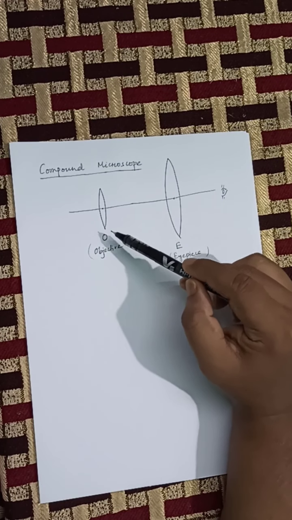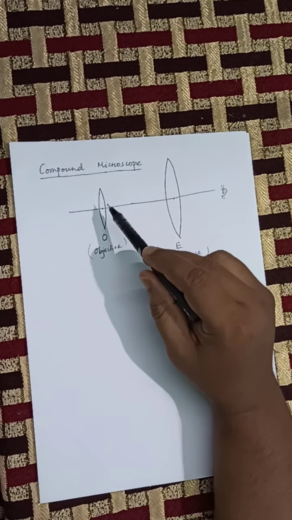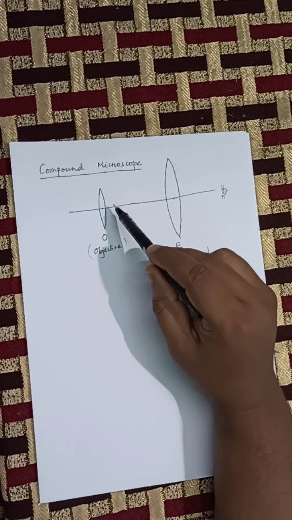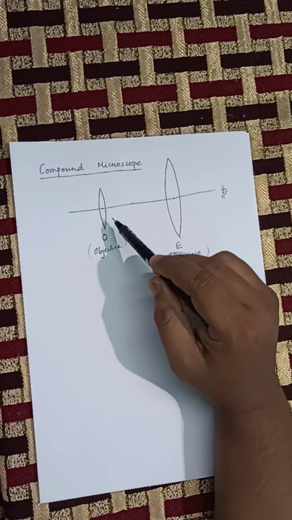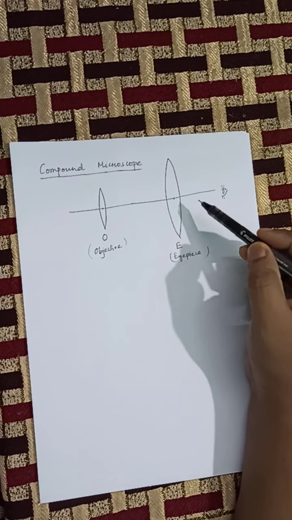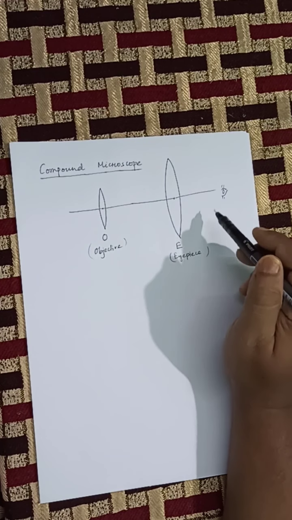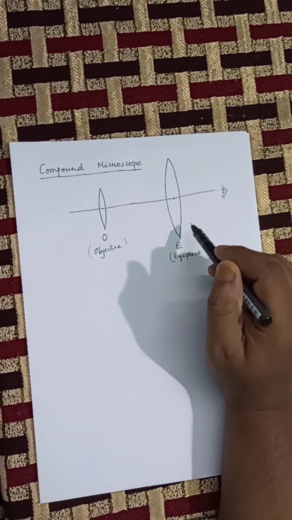Okay, so here we'll get the total magnification, that will be the magnification due to the objective lens, which is the linear magnification, multiplied by the angular magnification of the eyepiece lens.